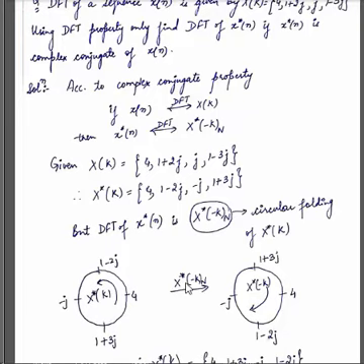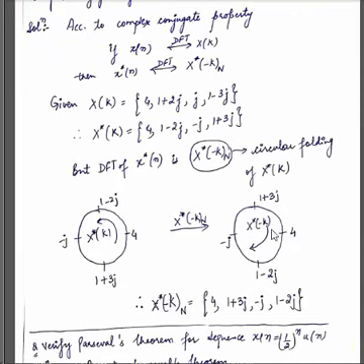X conjugate minus k means time folding or time reversal of this X conjugate k, or we can say circular folding of X conjugate k. Folding means plot the samples in the clockwise direction, but the starting position remains the same, that is 4, then 1 minus 2j, minus j, 1 plus 3j. That is X conjugate minus k.